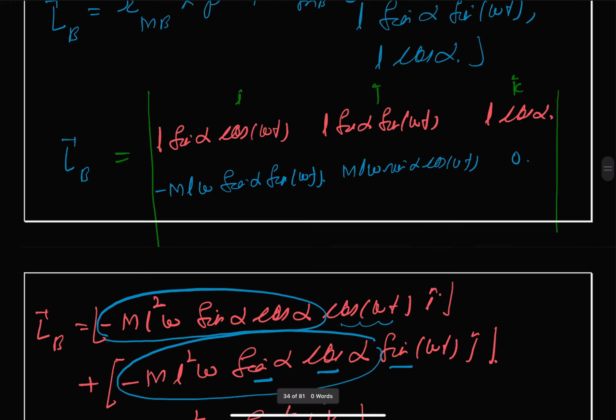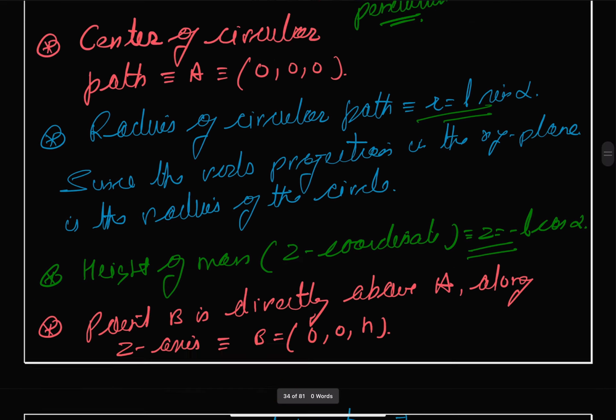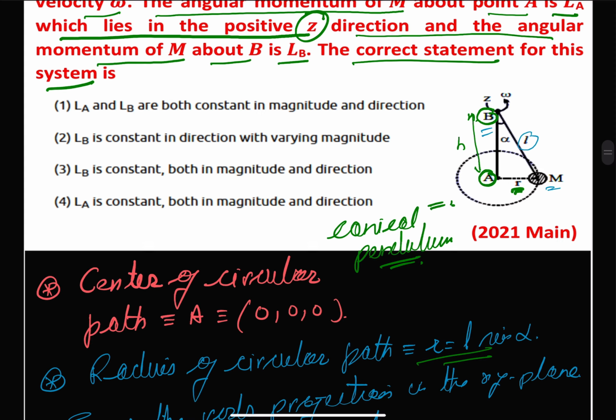So let us check the options given to us. It is given that the first option is LA and LB are both constant in magnitude and direction.